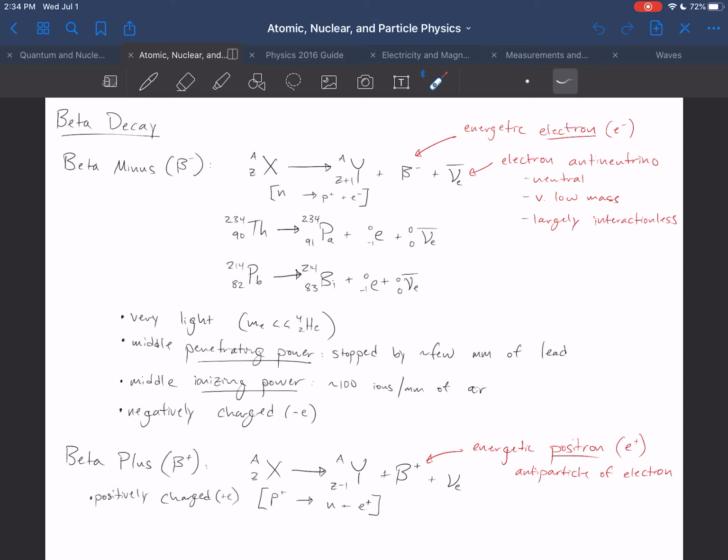The effect is that the element keeps the same nucleon number, but a neutron has decayed into a proton and electron, and so it's important to recognize that that X element changes elements. It becomes Y. It actually increases its proton number, so it moves up the periodic table by 1, although without changing its total number of nucleons.